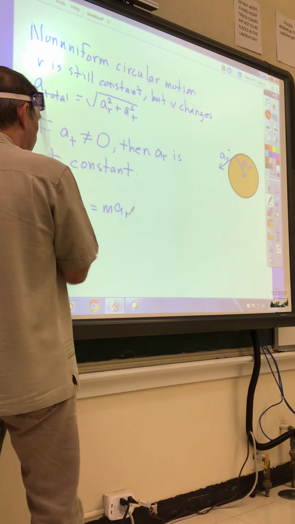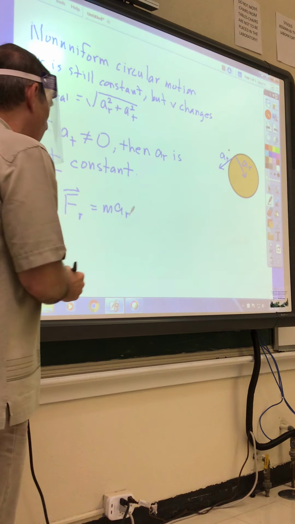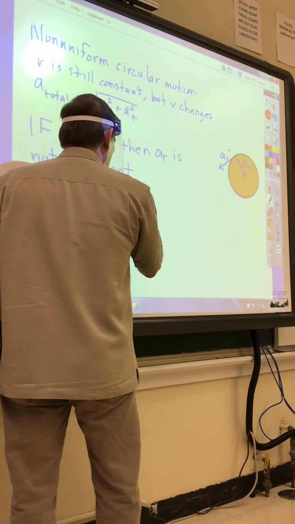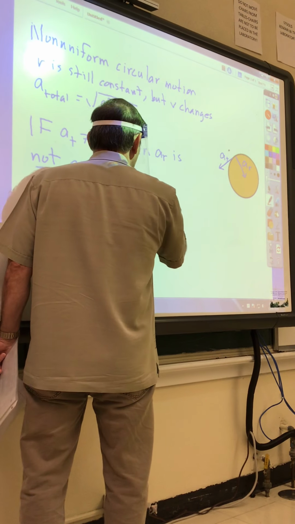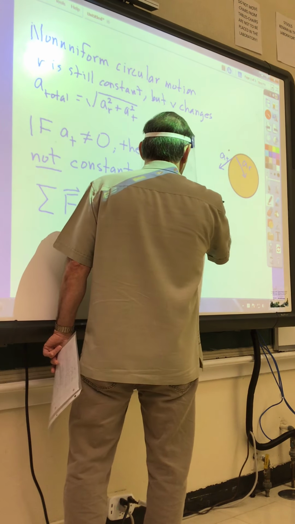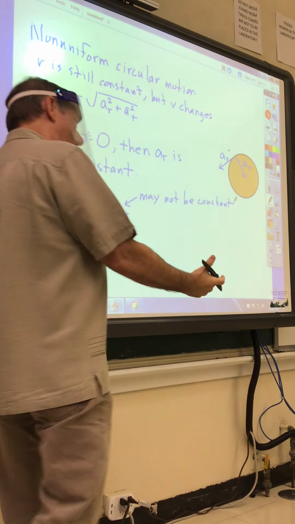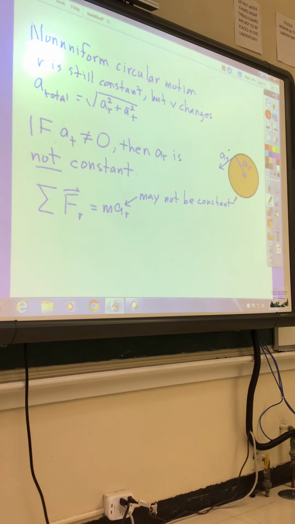So the sum of the forces in the radial direction, I should say that, is equal to the mass times the radial acceleration. But this may not be constant. So whether it's constant or not, we can still write Newton's second law for that radial component. Does that make sense?